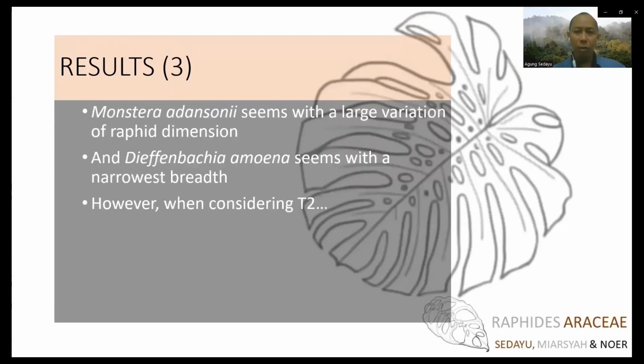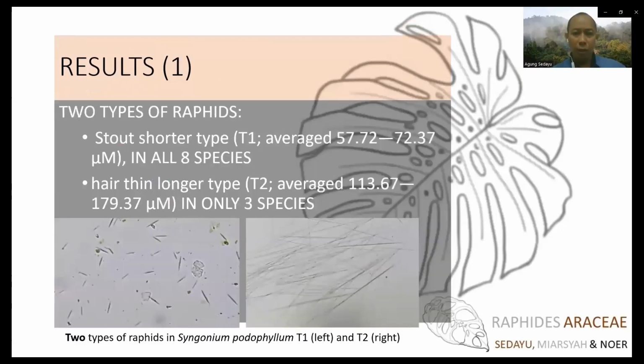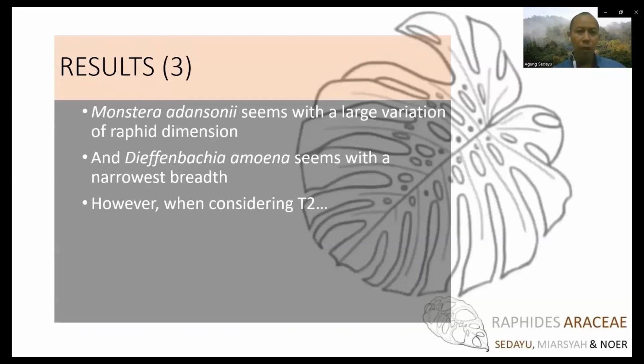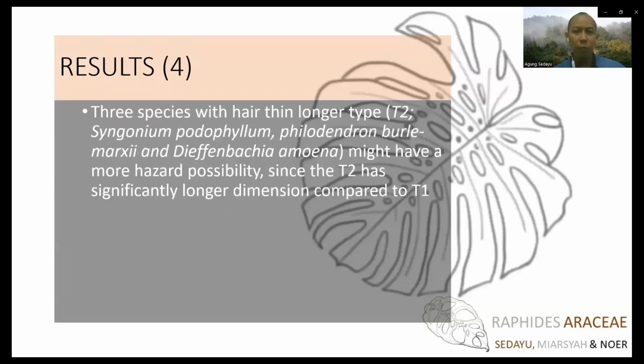And if we see the size and the formation of the T2, longer but thinner, and also with higher density compared to the T1, we believe that these three species might have a more hazardous possibility since the T2 has a significantly longer dimension compared to the T1.